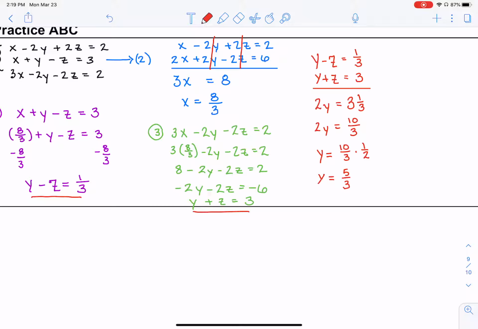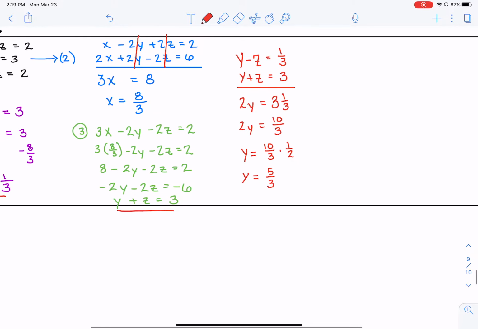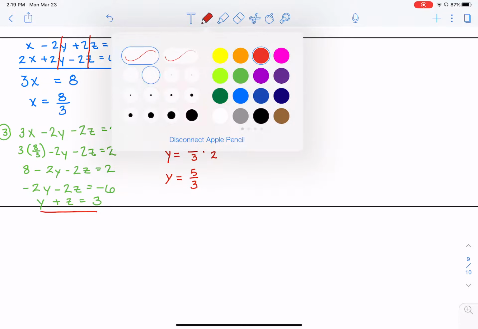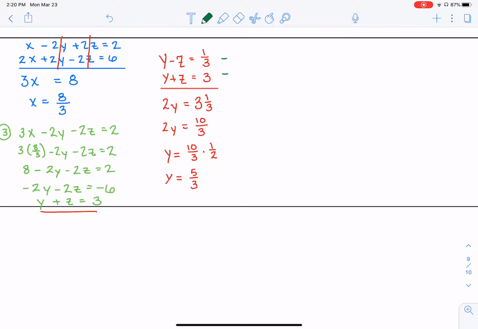Okay, so I have my x, I have my y. I still need to go back and find my z. So I'm going to scooch over here. I can use either of the equations that we were just working on here to plug in my y value and solve for z. So I'm going to use this top equation and I'm going to plug in 5/3 for y.